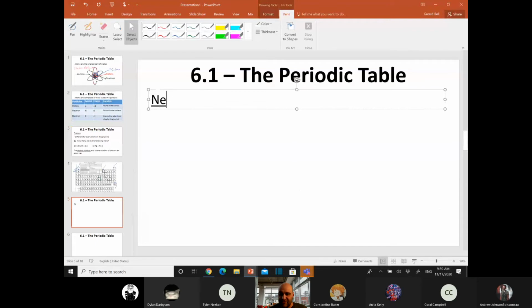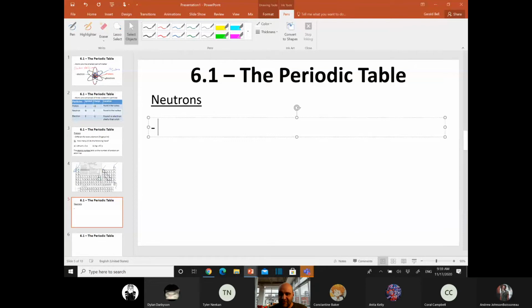Neutrons are important to us in one particular way, and that way is that neutrons and protons make up all the mass of our atom.